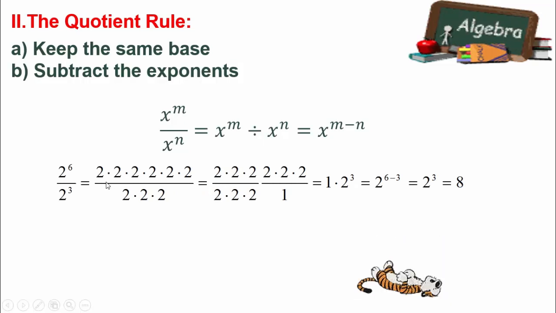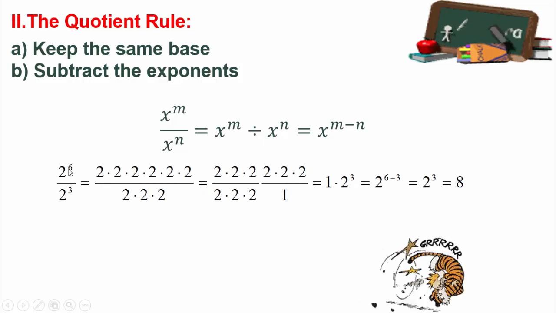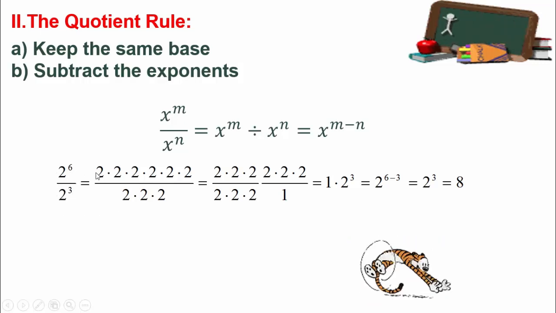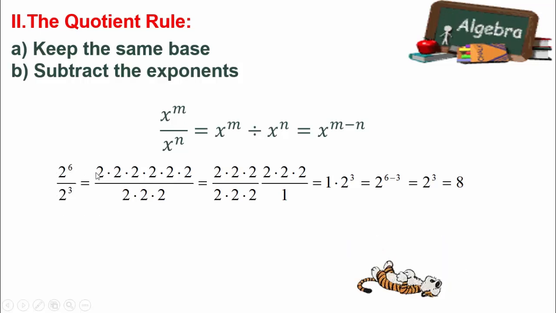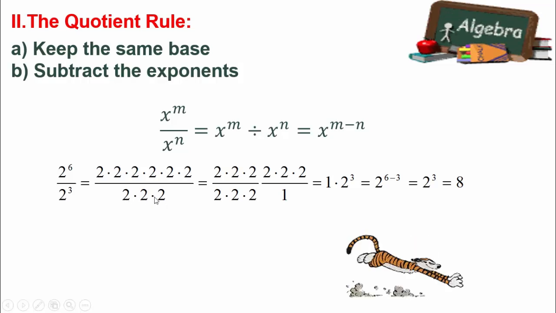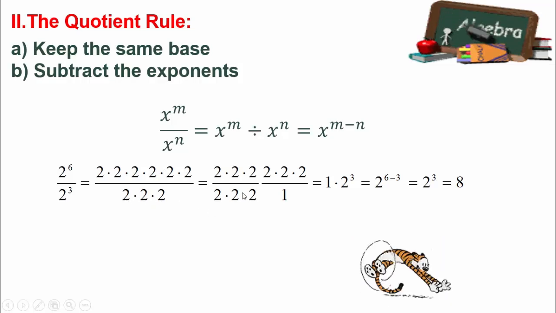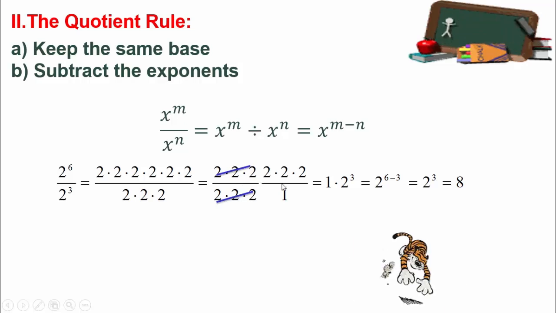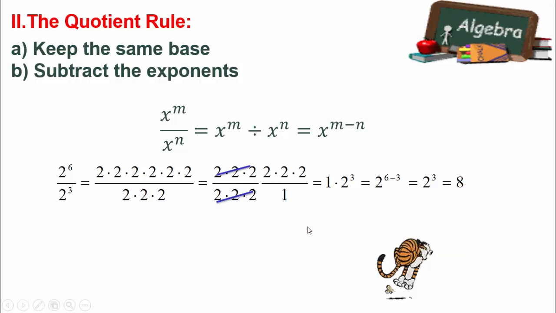The reason we can do this: if we have 2 to the 6th power divided by 2 to the 3rd, the 6th power means 2 times 2 times 2 times 2 times 2 times 2, and 2 to the 3rd is 2 times 2 times 2. Then I can cancel out 3 of these 2s from the top and 3 from the bottom, and I put this 1 in here as a placeholder.